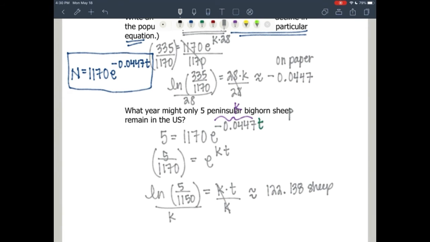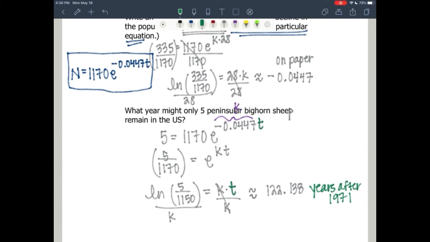And I get 122.138 sheep, which is not possible. So we'll say approximately, oh, it's not sheep, it's years. We solved for t. T is time, not sheep. So that would be years after 1971.